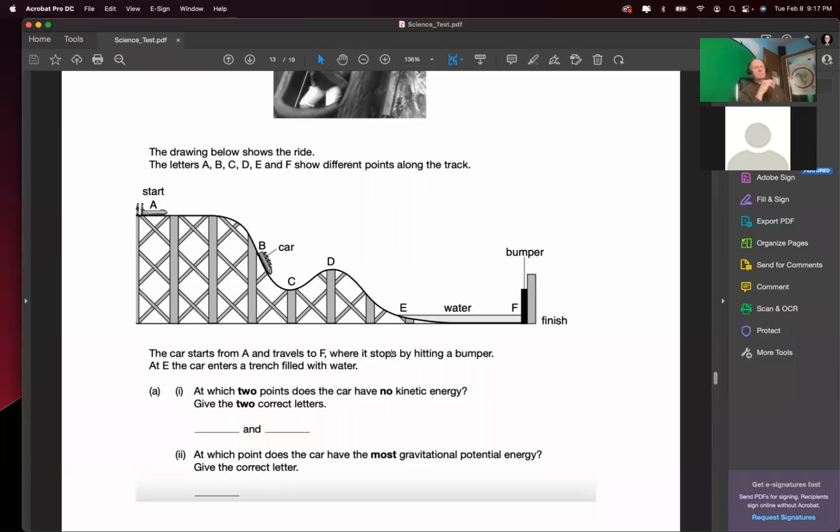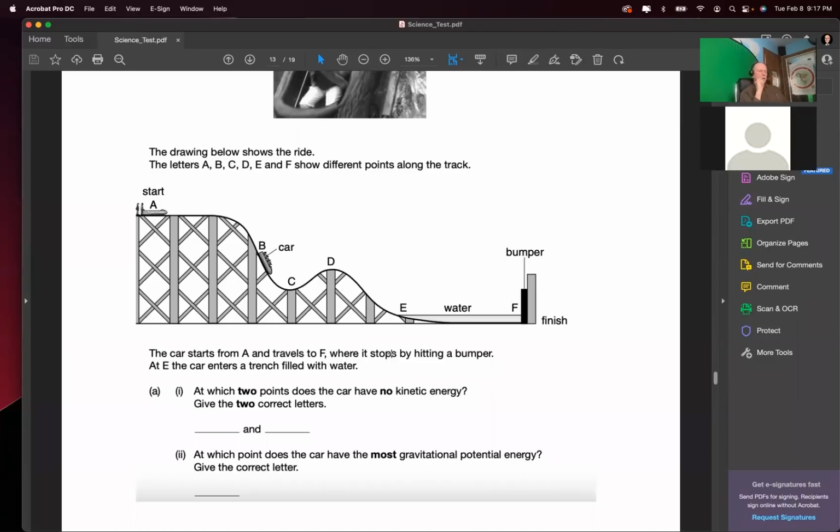Give the correct letter. Well, also F, I guess. You could say E, but I think F would be more right than E. So I think I'm going to go with F. You want to go with F? Yeah. All right.